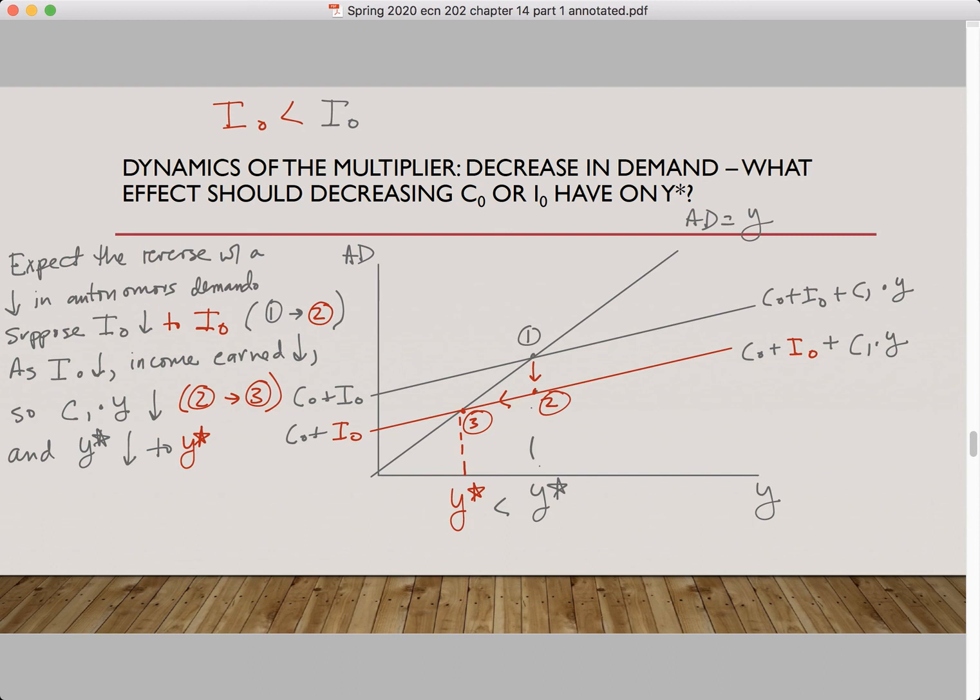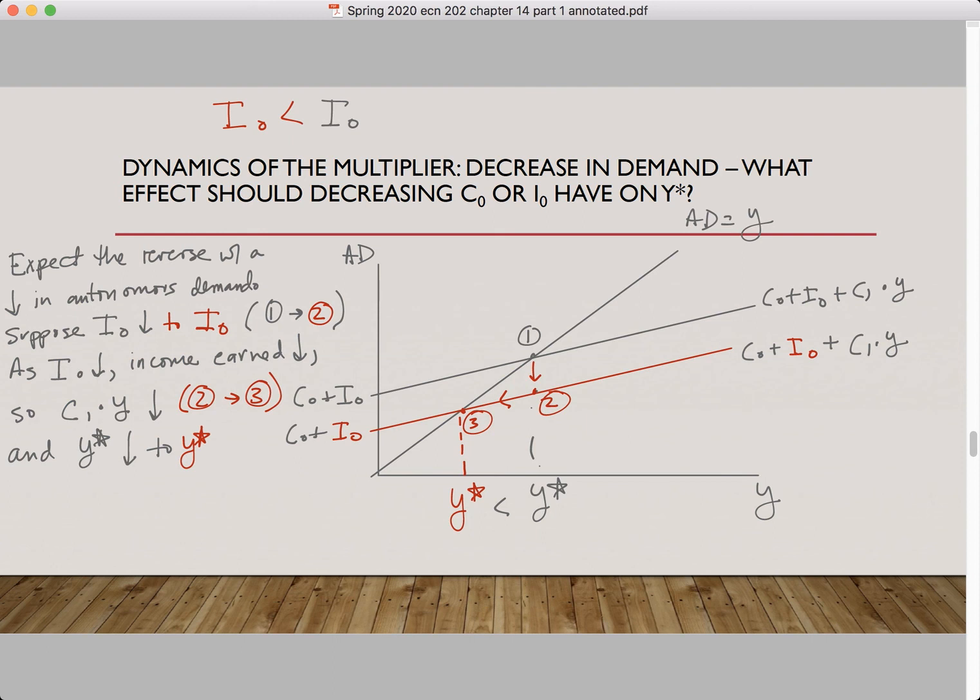If investment expenditure decreases, we're going to expect less spending at all levels of income because firms just aren't spending as much. If firms decide to spend less, that means that they may be paying their workers less, or they may be canceling contracts with suppliers, and this will translate into less income earned throughout the system.